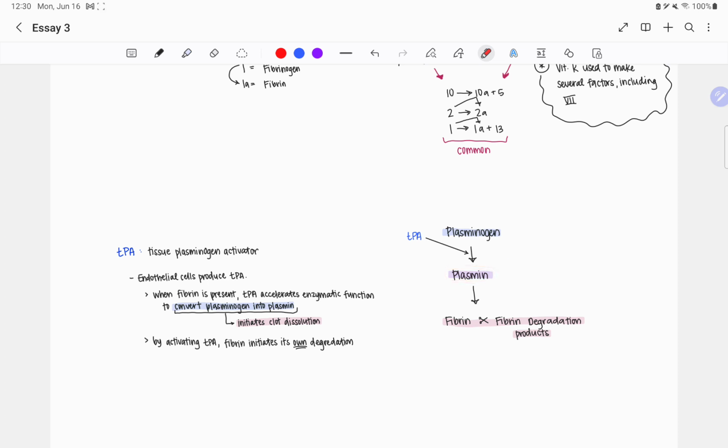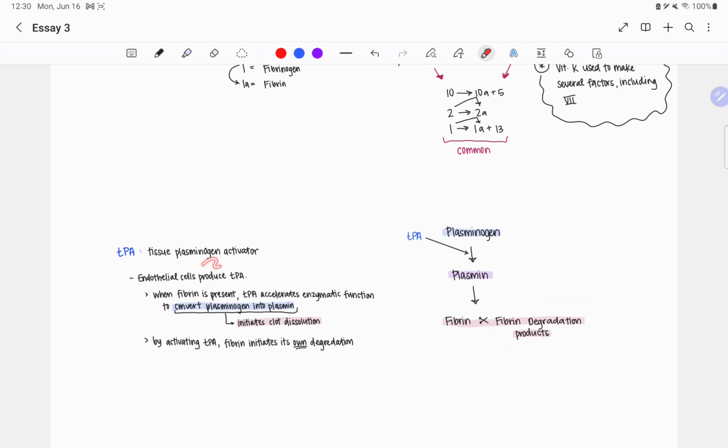Plasminogen becomes plasmin. Okay, and then once plasmin is made or activated, then it basically calls on fibrin to auto-destruct, basically. So plasmin doesn't really do anything. It just, fibrin recognizes, oh, hey, there's plasmin now, so I'm going to start cutting up all my stuff.